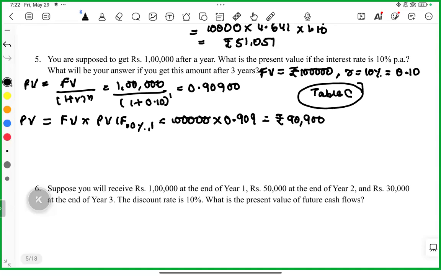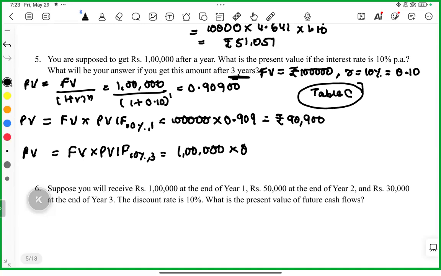You are also asked to find out your answer if you receive 1 lakh rupees after 3 years. So present value in this case, if n is equal to 3 years, would be future value into PVIF at 10% for 3 years is equal to 1 lakh into, now see table C, 10% and 3 years.